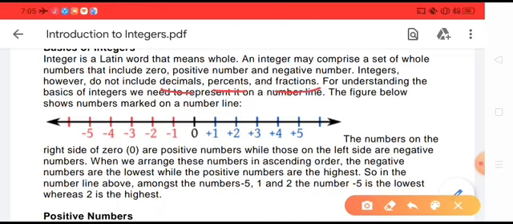So this means if there is any decimal, percentage or fraction, then it will not be an integer.